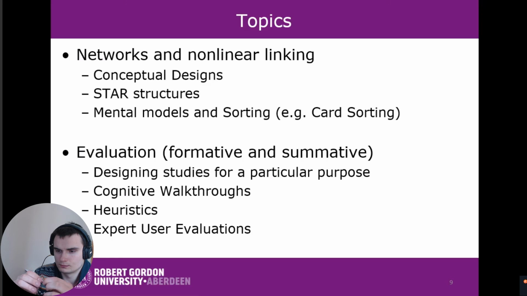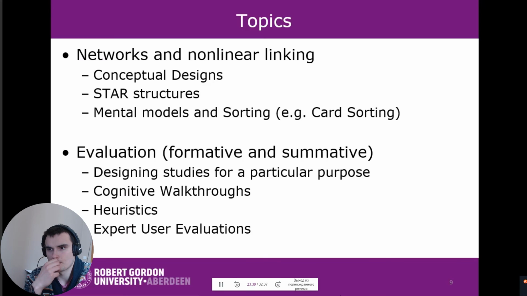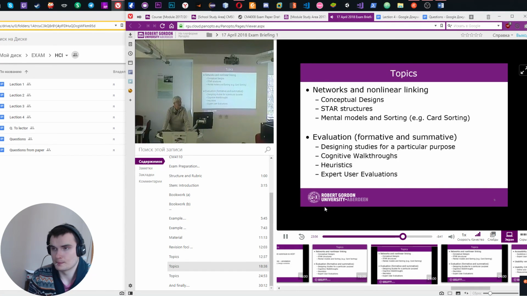When it comes to evaluation, you cannot get away from heuristics. There are Jakob Nielsen's heuristics, which the way he promotes them has been shown to be pretty inadequate. But if you are actually going to judge anything, then heuristics are good. Probably the best way to use heuristics is through expert user evaluations, and we recently covered how that's carried out.